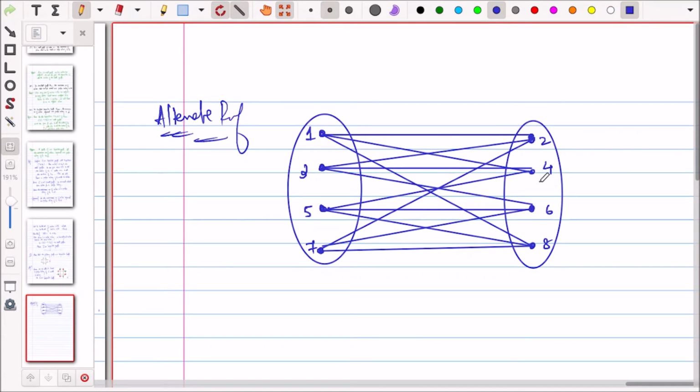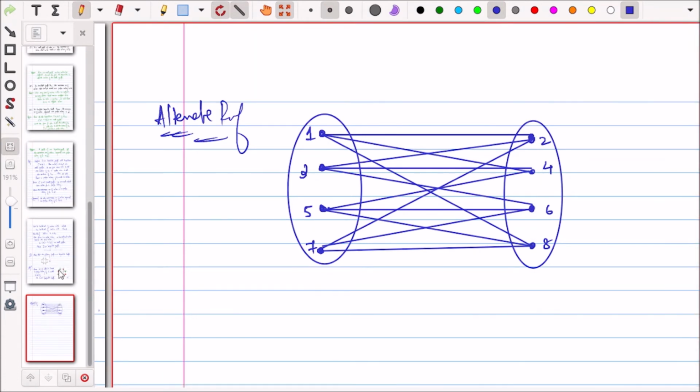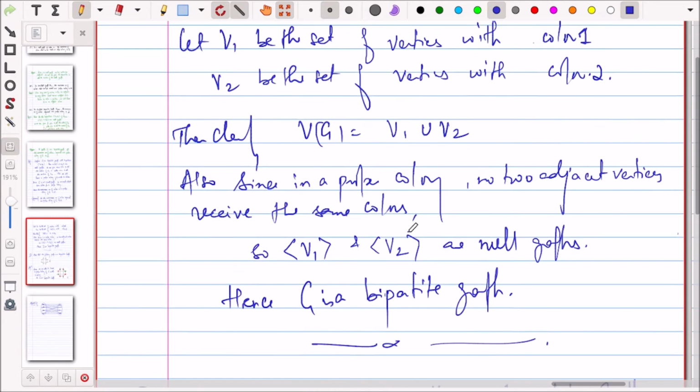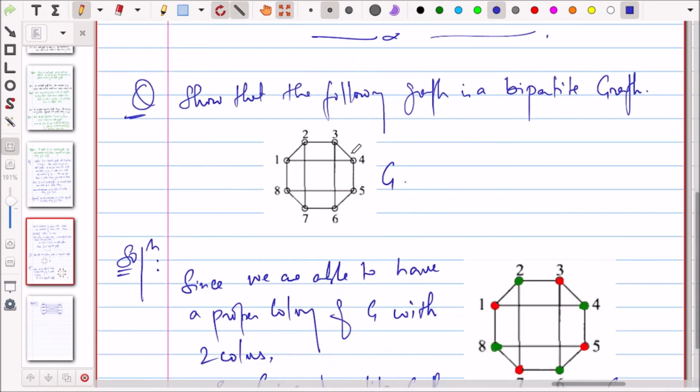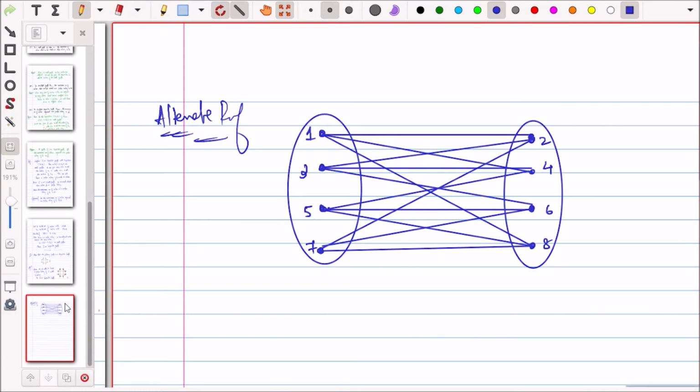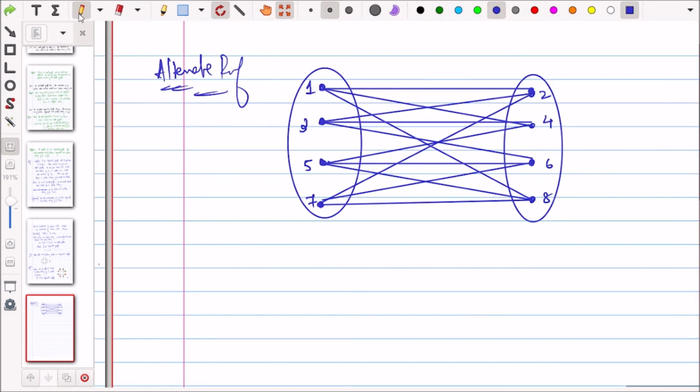अब कोई एजेस रह गए? इसके 3, इसके 3, इसके 3, इसके 3, इधर भी. And if you see 2 की degree 3 है, 4 की degree 3 है, 6 की degree 3. So कोई भी एजेस नहीं रहे हैं. ठीक है? We have covered all the edges.